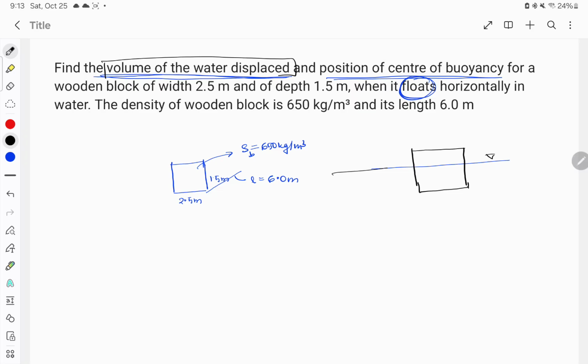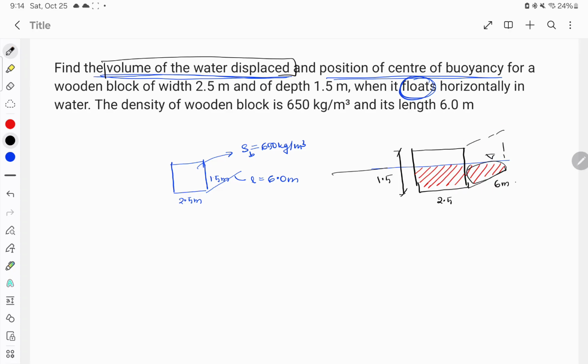So let us first see. We know that this part is 2.5 meters, this whole part is 1.5 meters, and inside it is going as 6 meters. The volume displaced by this block is this much, right? This part is in 3D, so don't confuse.